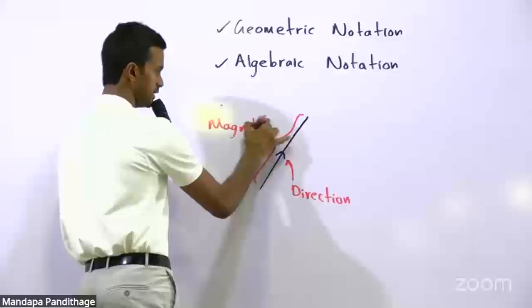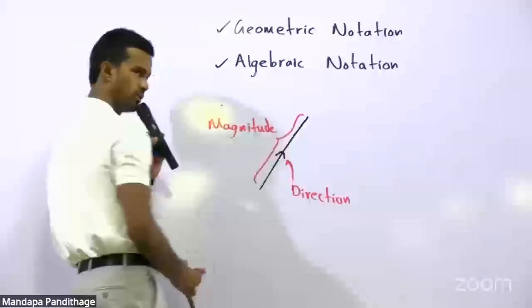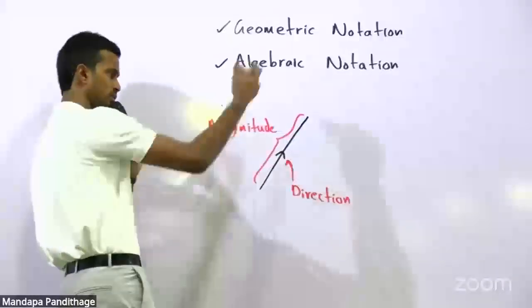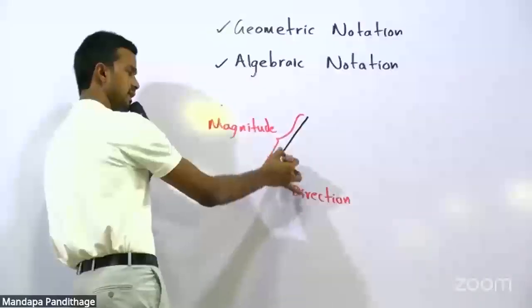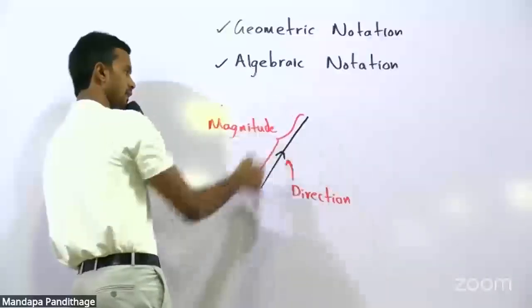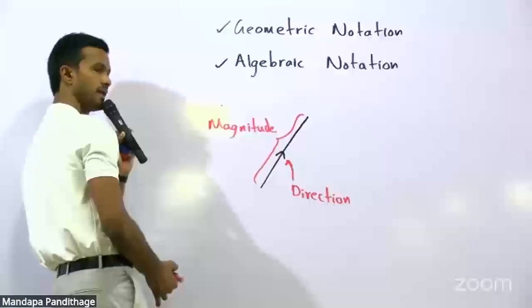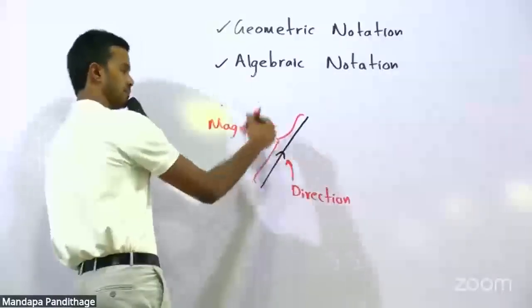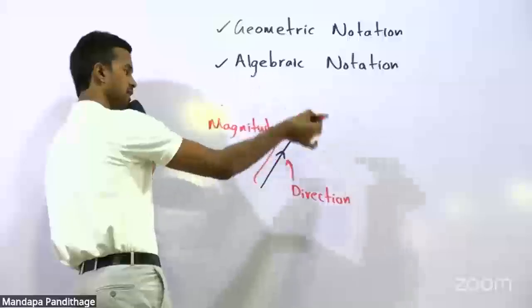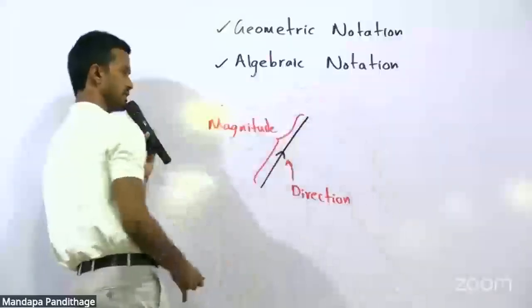Later we'll be bringing a term called the modulus of the vector. The modulus and the magnitude have the same meaning. Here the vector may be a force, velocity, or displacement, towards this direction.